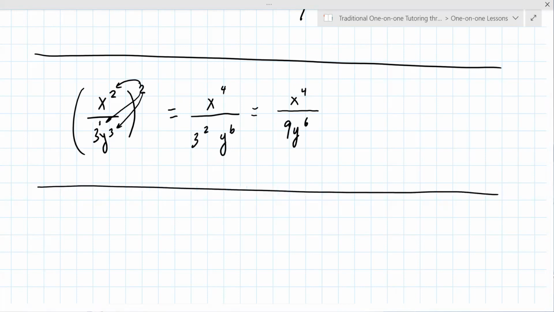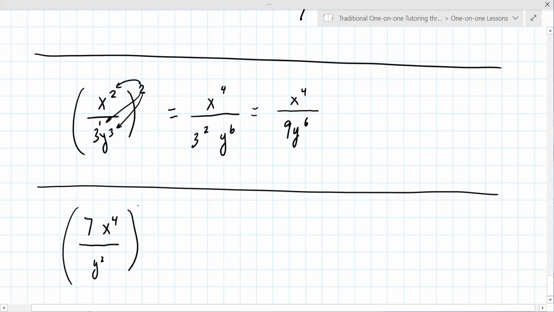Okay, let's try another one. Let me have you try this one on your own: 7x to the fourth over y squared, to the power of 2. I'd like you to try this problem on your own, please.